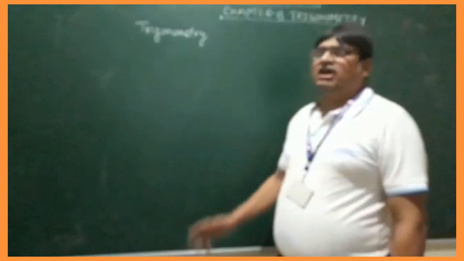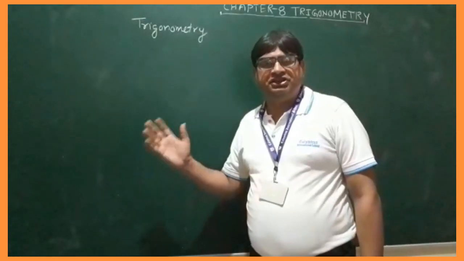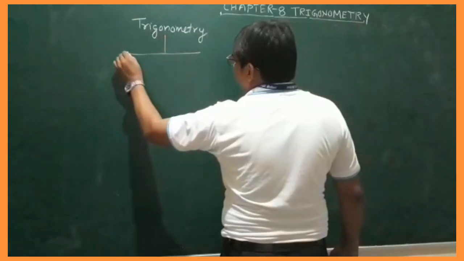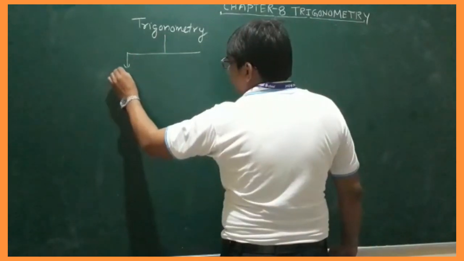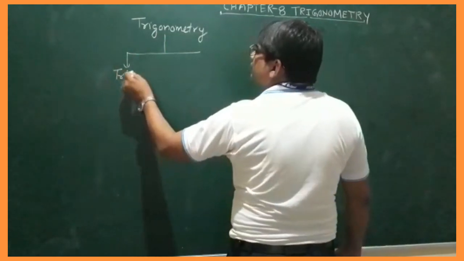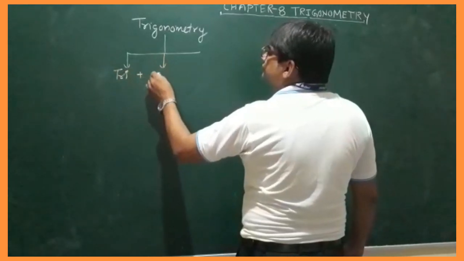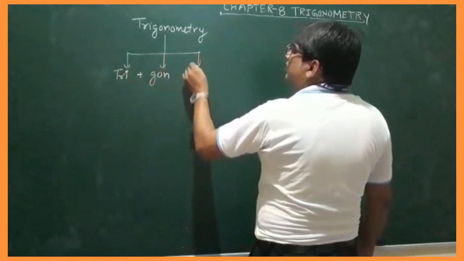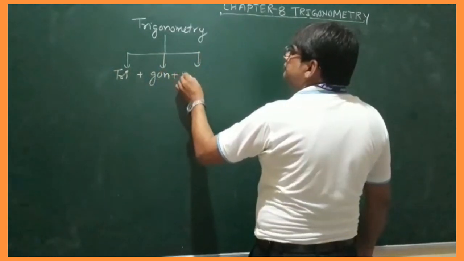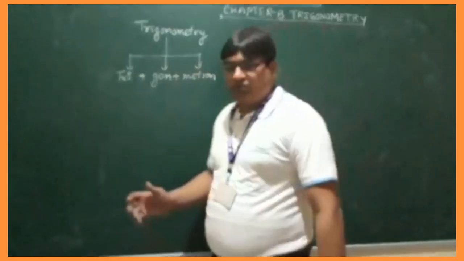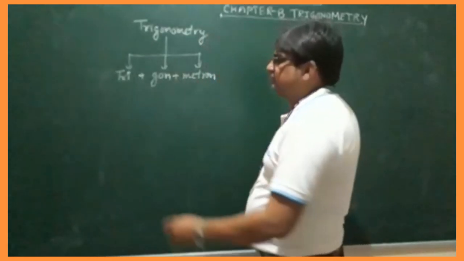Trigonometry is derived from three Greek words: tri plus gon plus metron. Student, what is the meaning of tri?